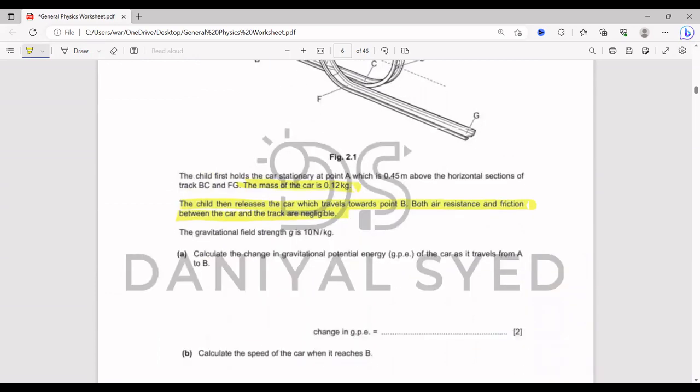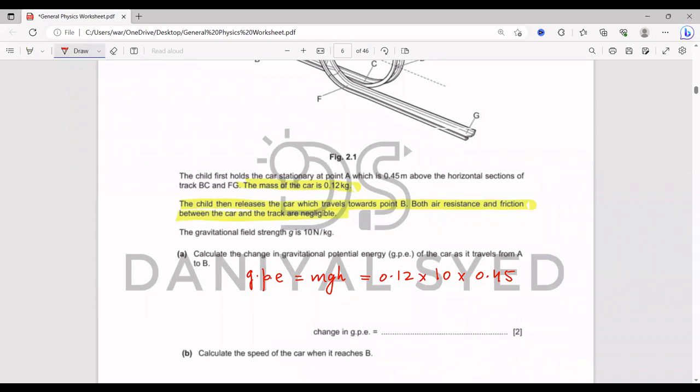Now, students, calculate the change in gravitational potential energy of the car as it travels from A. So, beta, when the car travels from A, it means the height decreases. So the formula for GPE is mgh. The mass of the car is 0.12 kg, the value for g is 10 and the value for height is 0.45.